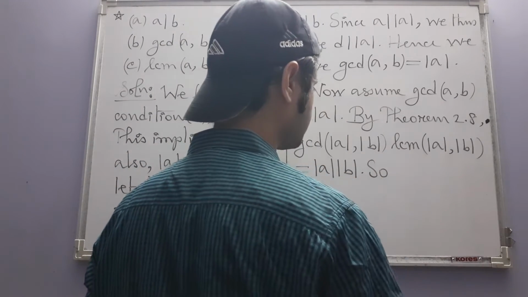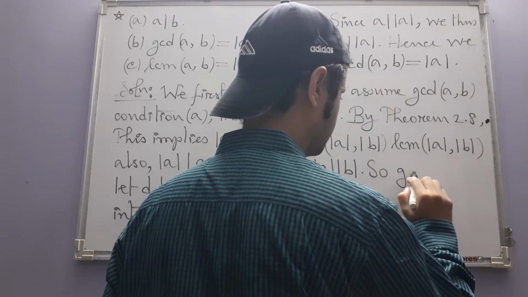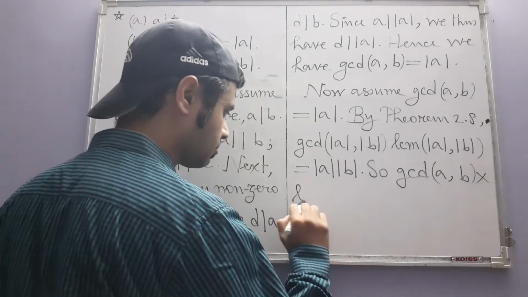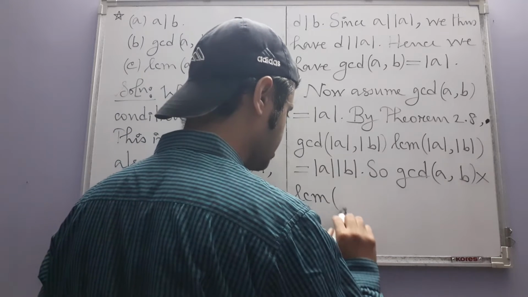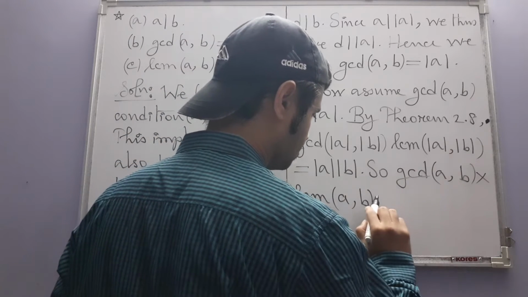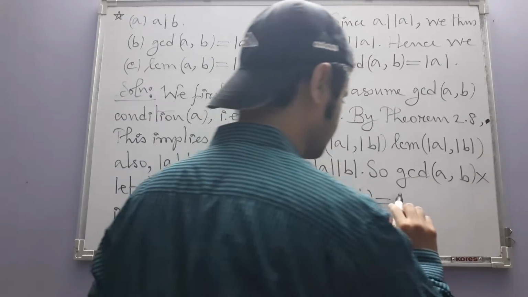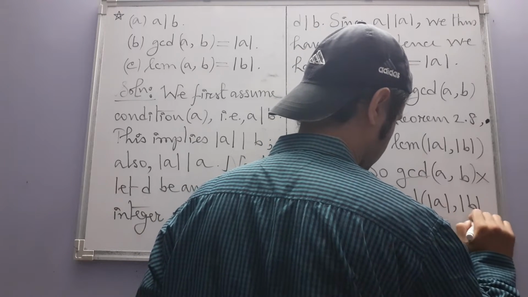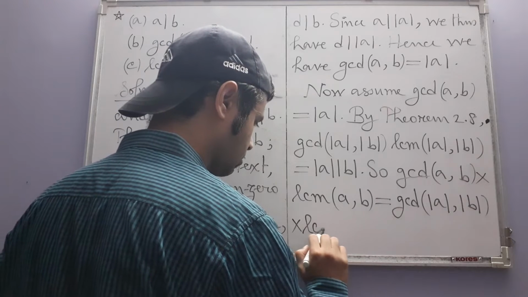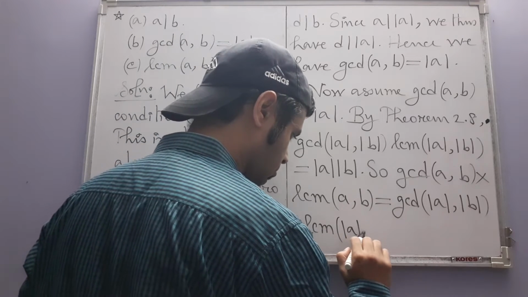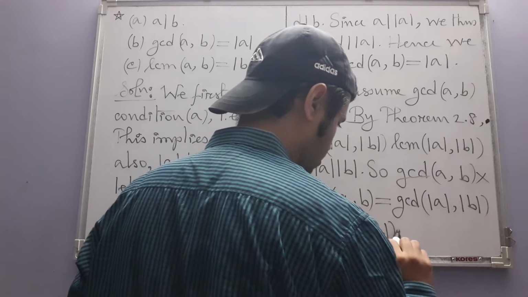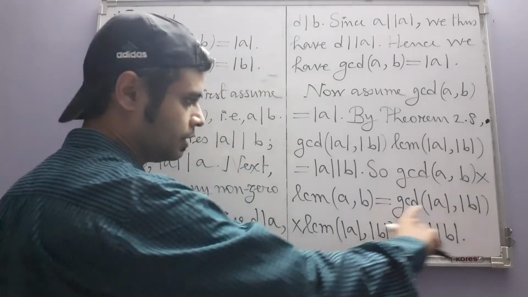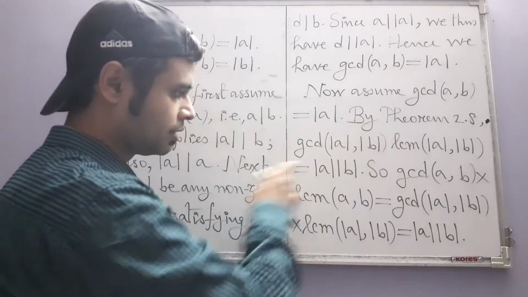So this times LCM of A, B equal to this times equal to this. Of course we understand, this is what we have written here.